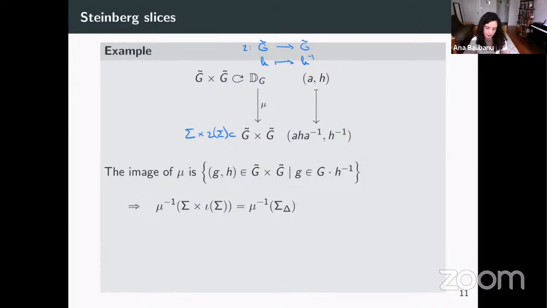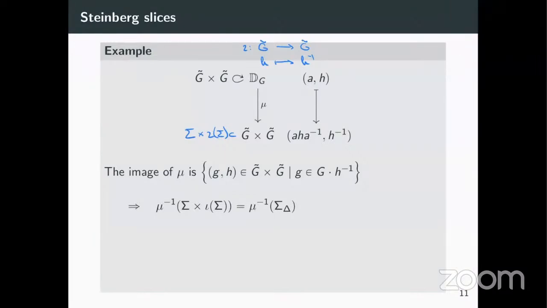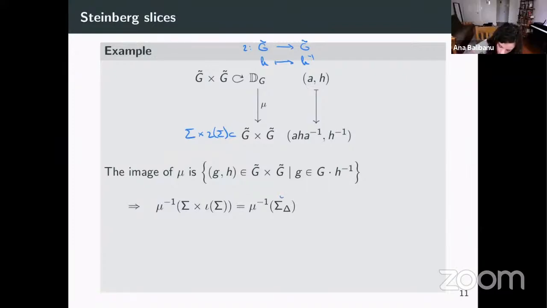And because the Steinberg slice intersects every regular conjugacy class in exactly one point, the pre-image of the slice sigma cross inverse sigma is just going to be the pre-image of sigma diagonal, or anti-diagonal, I should say.